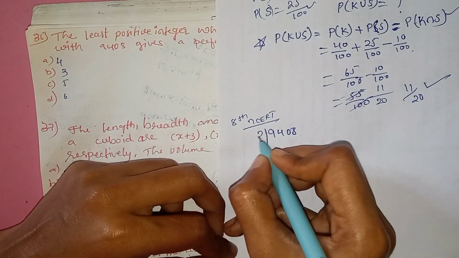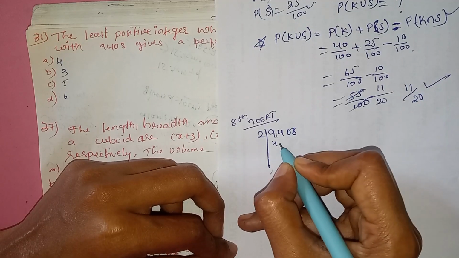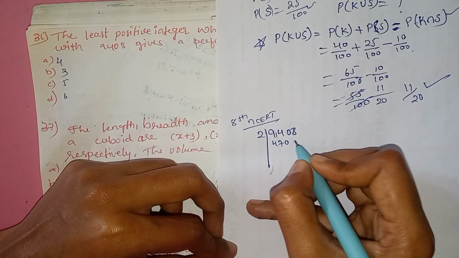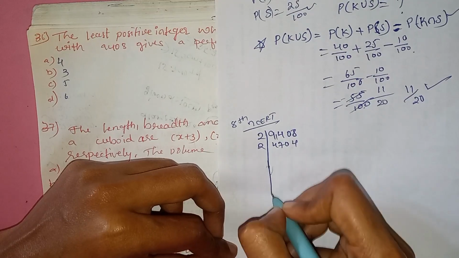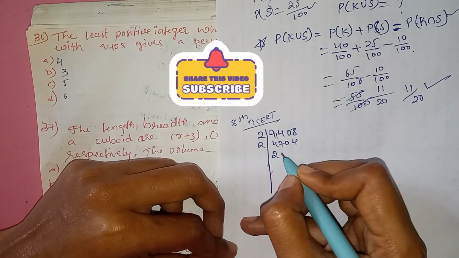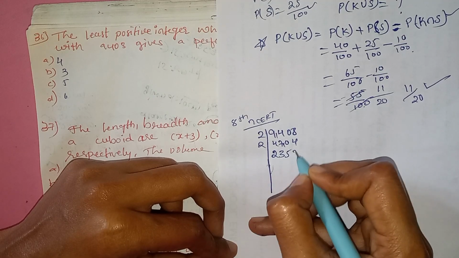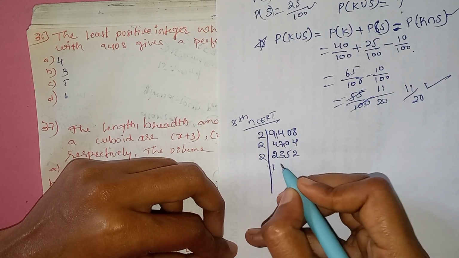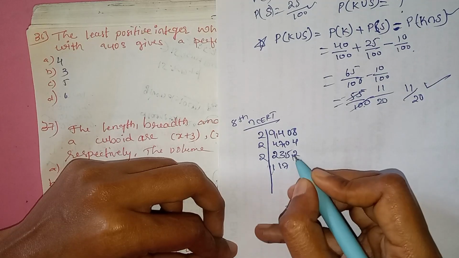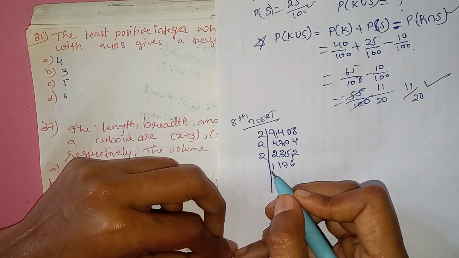2 4s are 8. 2 7s are 14, 0 as it is. 2 4s are 8. Again we can factorize with 2. 2 2s are 4, 2 3s are 6, 2 5s are 10, 2 2s are 4, 2 1s are 2, again 2 1s are 2. 2 7s are 14, 1 remainder 12. It becomes 2 6s are 12.